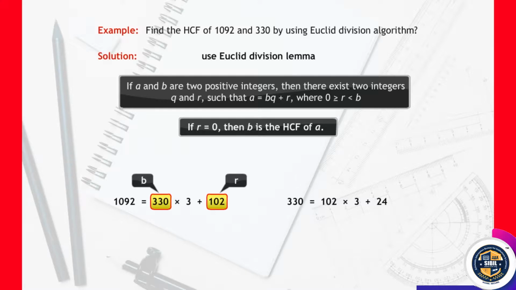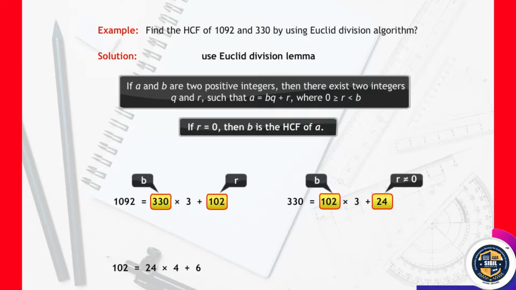Look at the value of r, and again r is not equal to 0, and the value of b is equal to 102. Now we apply Euclid's division lemma on b is equal to 102 and r is equal to 24. We get 102 is equal to 24 into 4 plus 6.